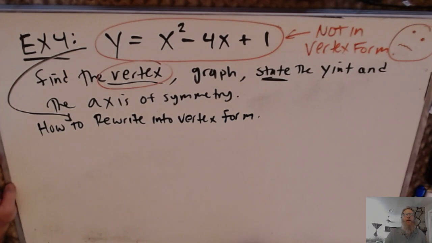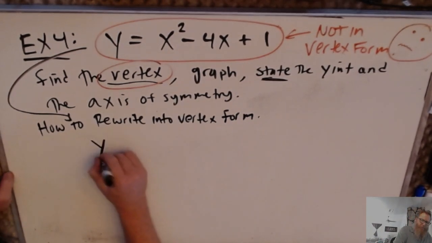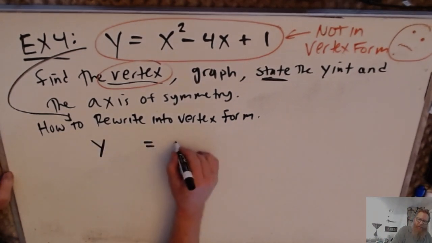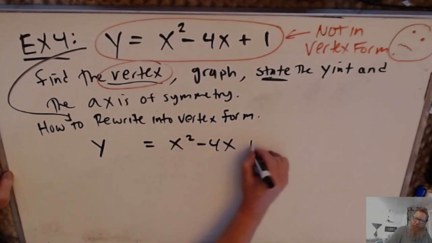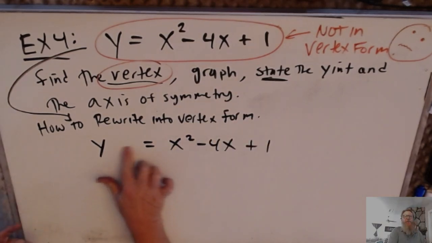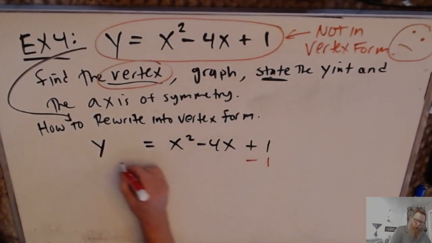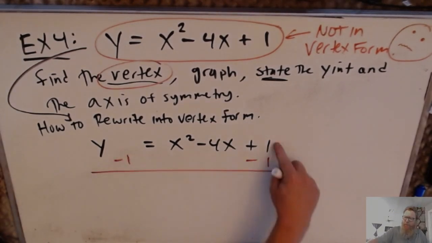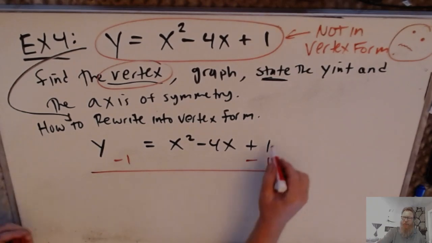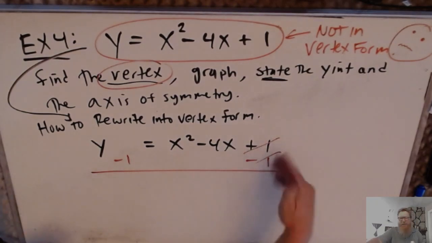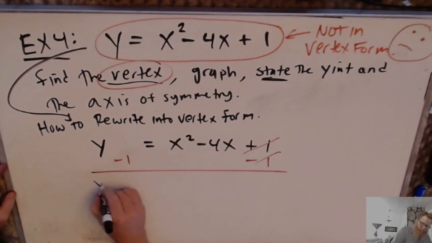Okay. So step by step. y equals x squared minus 4x plus 1. I like to leave a little space right here. Subtract 1 from both sides, whatever the constant term is. It's always going to be the last term.